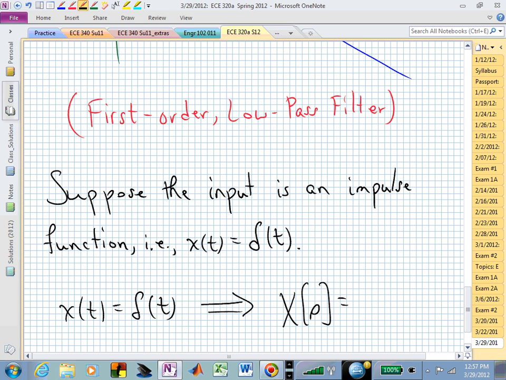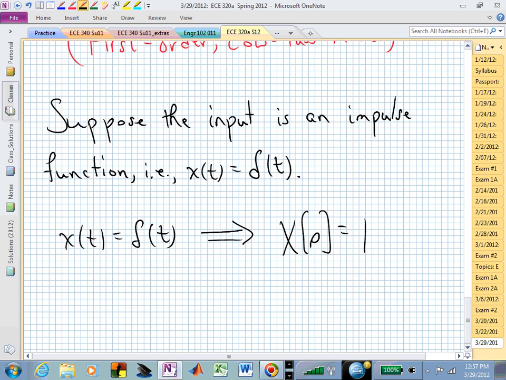You have delta of t, and what's that delta do? It sifts out the function, right? So now you evaluate this e to the minus st at t equals 0. It's 1.